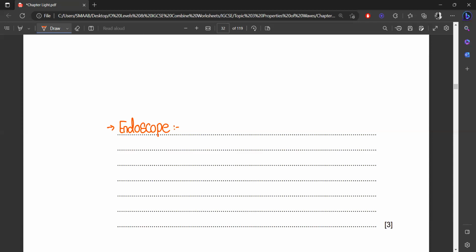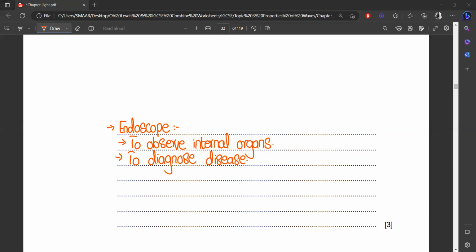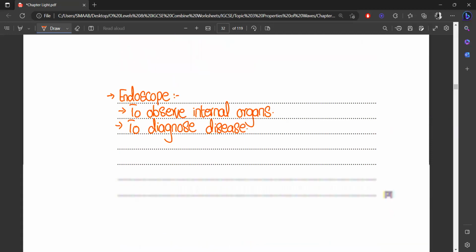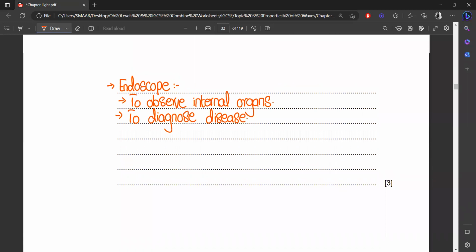And secondly, we know that to observe internal organs and to diagnose, we use it. That is the purpose of the application of the endoscope.